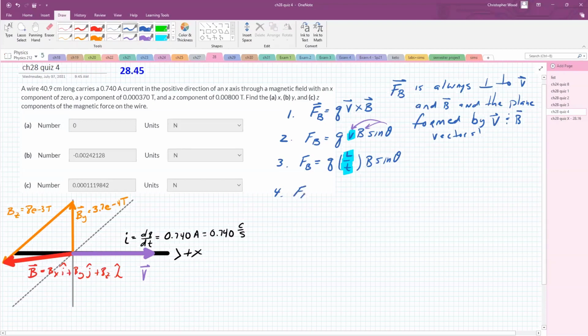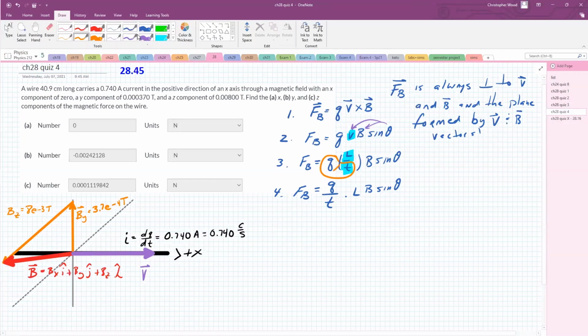The magnetic force acting on this wire, not the charge, but a wire, because a wire carries a bunch of charges, is Q over T times L B sine theta. I just clustered these together. Q divided by T is known as current.